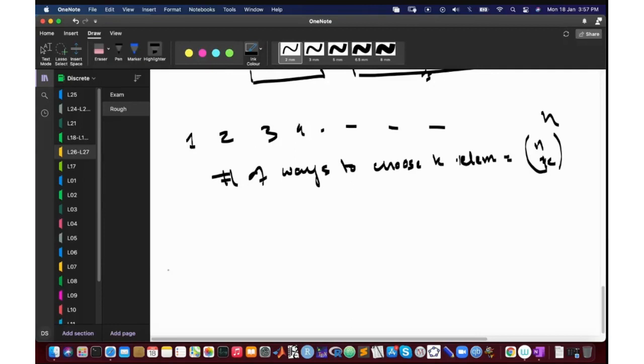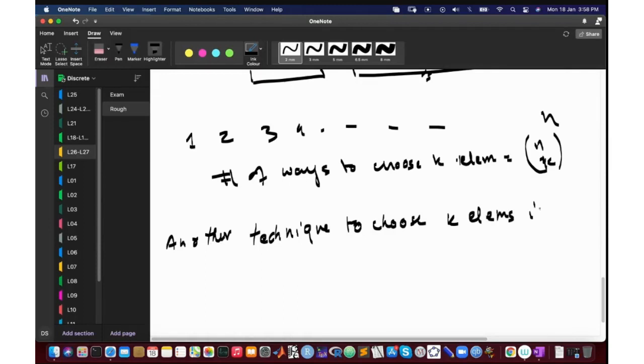Okay, so another way, another technique कह लें इसको, technique to choose k elements is to first fix one element.